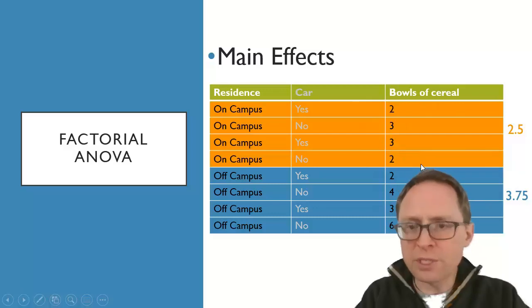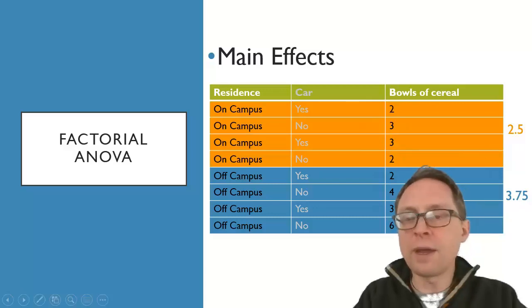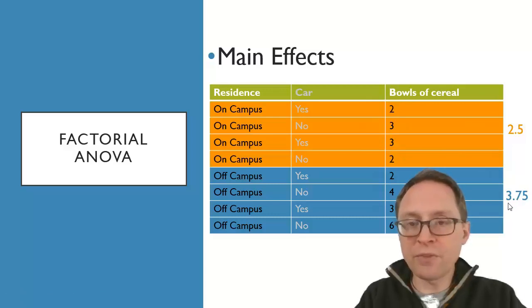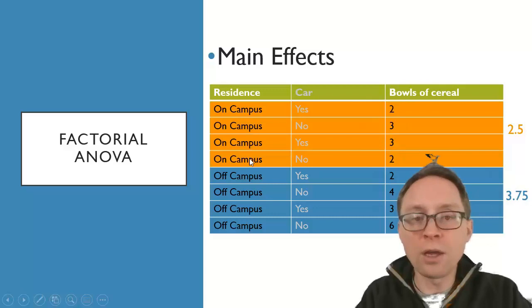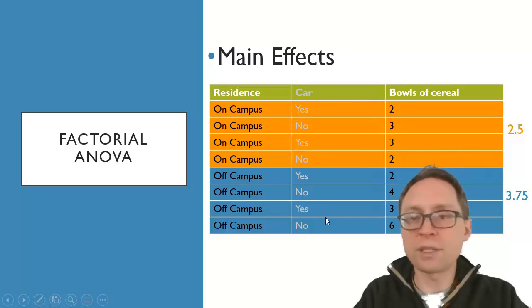So 2 plus 3 plus 3 plus 2 divided by 4, that's 2.5. 2 plus 4 plus 3 plus 6 divided by 4 is 3.75. All right? So what we're really doing is comparing this group of scores and their mean, 2.5, compared to this group of scores and their mean, 3.75. The main effect looks at on campus compared to off campus, as if car just didn't even exist. That's why it's kind of grayed out.